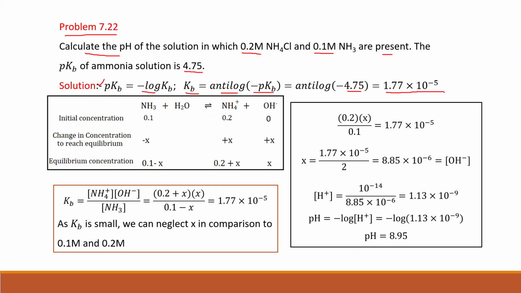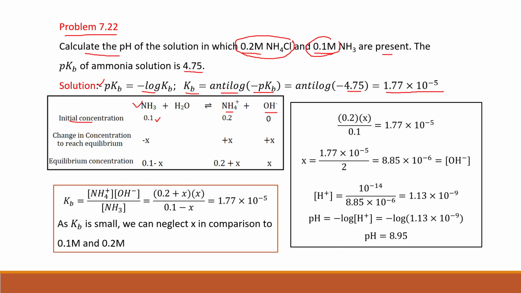This is Kb. Now we can say this ionization equation can be written like this: NH3 plus H2O converting into NH4 plus OH minus ion. Now initial concentration of ammonia is given, this one 0.1 M NH3, so this is 0.1. Now initial concentration of NH4Cl is given, and when this NH4Cl is dissociated, this will give NH4 plus.